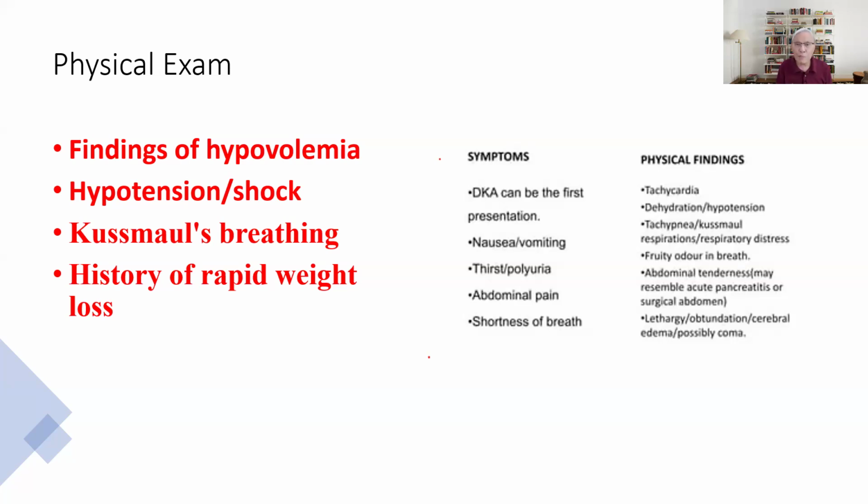And this was the first time he found out that he had diabetes. He never knew that he had diabetes. But before that, he was losing weight. And therefore, this is a classic example of how a history of rapid weight loss is a symptom in patients with newly diagnosed type 1 diabetes.